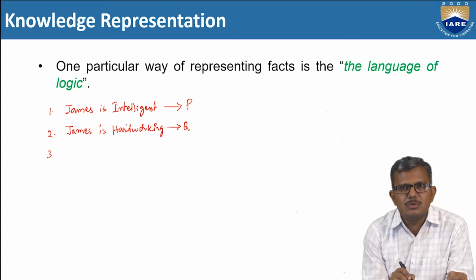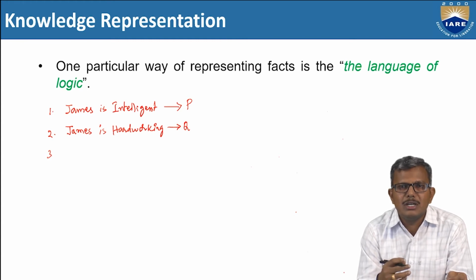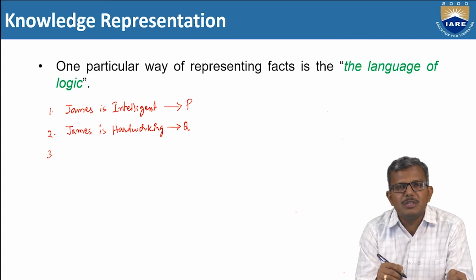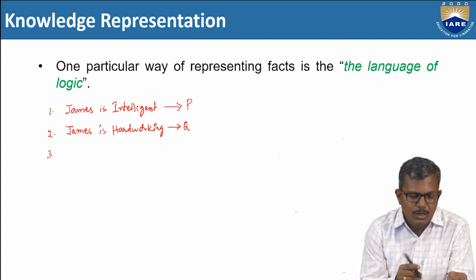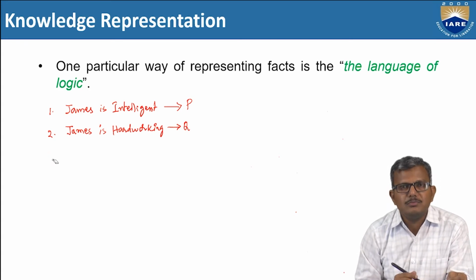Just representing these two sentences will not give enough support to the artificial intelligence machine to think and answer the questions we frame. But before creating the knowledge, we need to understand how these sentences can be represented with propositional logic.